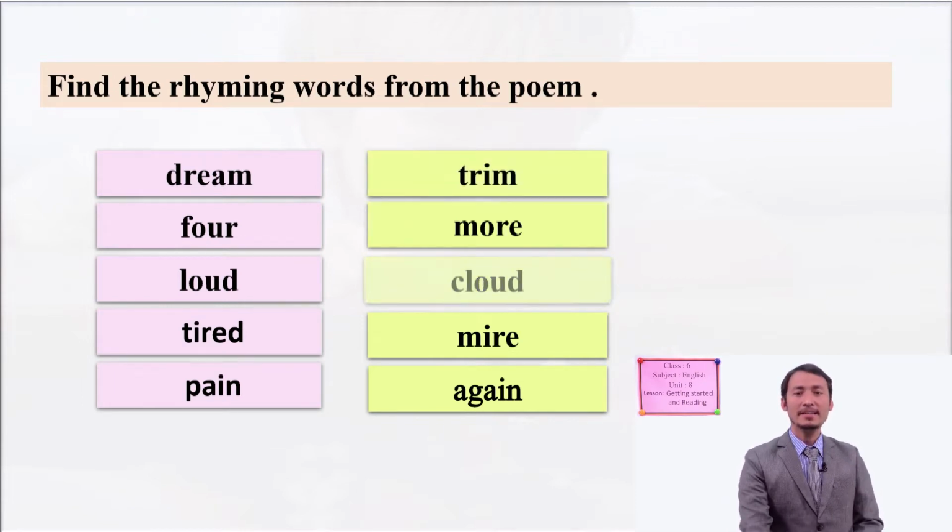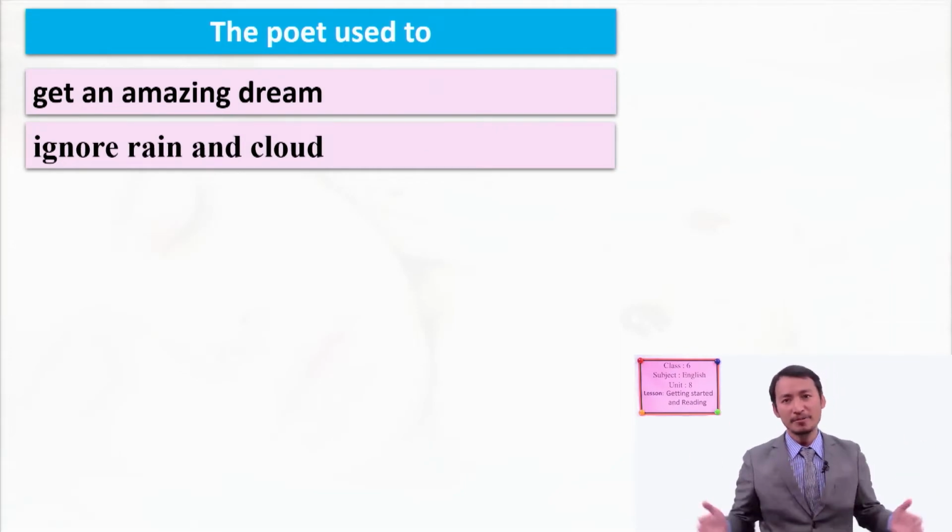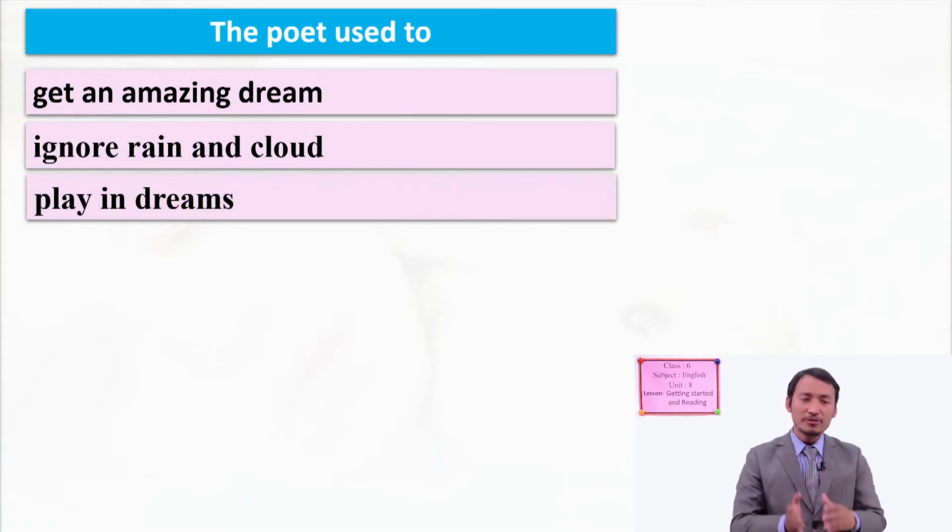Now, let's see the meanings or the activities that the poet had in this poem. So the poet had an amazing dream. He used to get an amazing dream, and he used to ignore rain and cloud when playing in the dream, and he used to play different games with different friends.